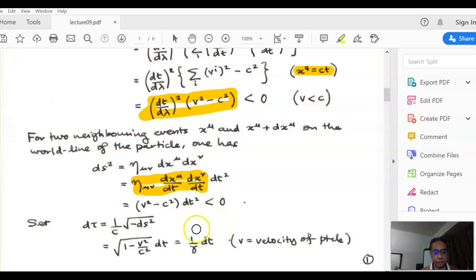We will get to that in a minute. But essentially, you can see that dτ is simply 1 over gamma dt by doing the manipulation here. Remember that ds squared is something that we already know. ds squared is essentially that.